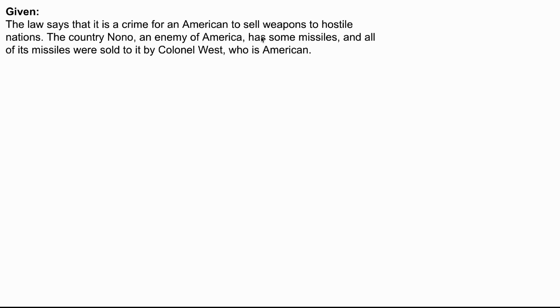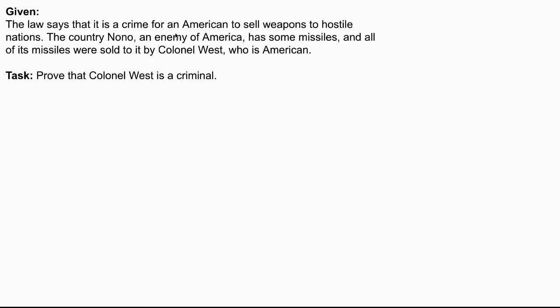The country Nono, which is an enemy of America, has some missiles, and all of its missiles were sold to it by Colonel West, who is an American. And your task is to prove that Colonel West is a criminal. This is like a legal proceeding, and you are, let's say, a lawyer, and your task is to prove that Colonel West is a criminal given this information which is available to you in the English language.